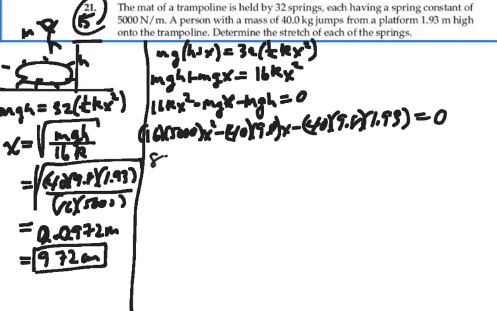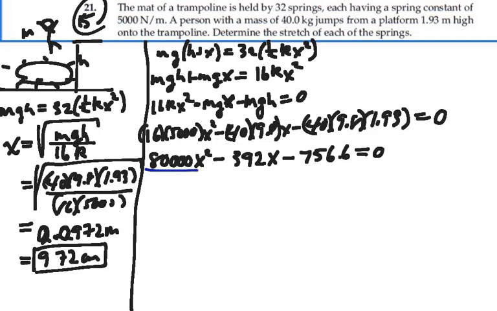So that's 80,000 x squared minus 392x minus, this will be 756.6 is equal to 0. So what we have ourselves is a quadratic equation where this is A, and this is B, and this is C.